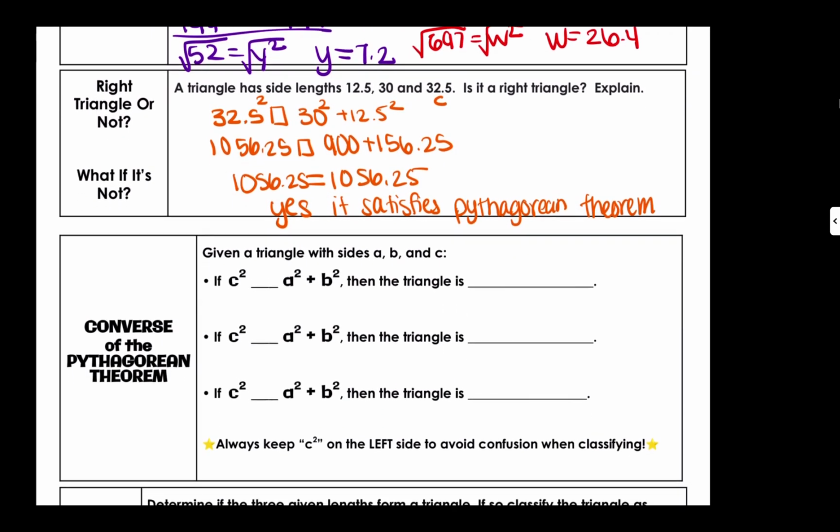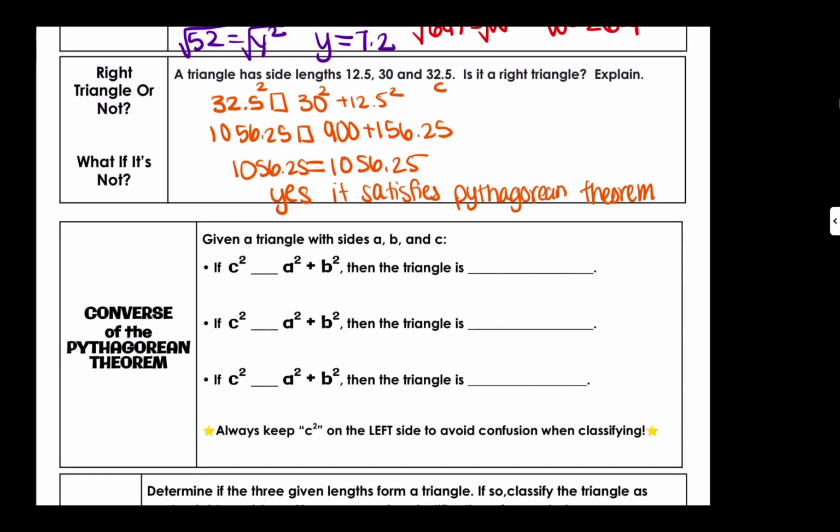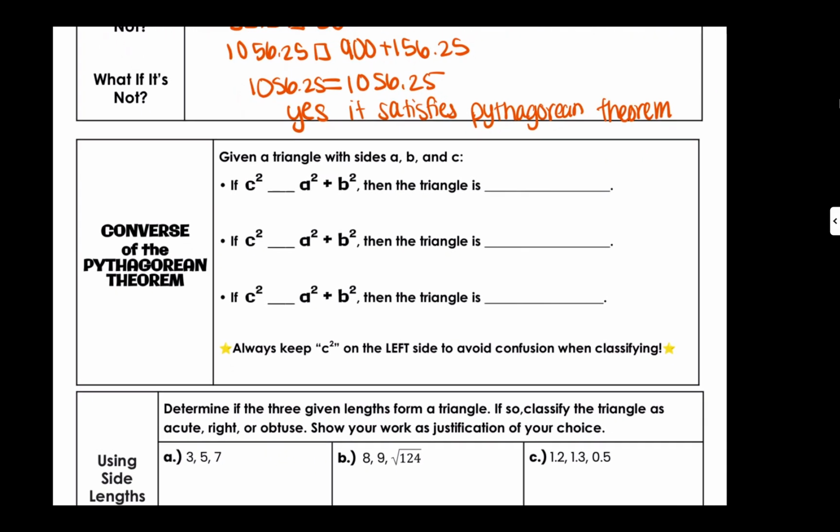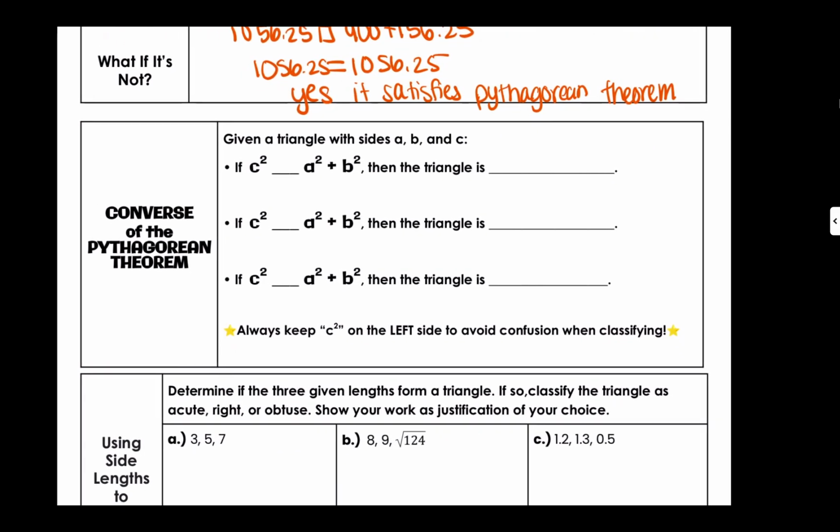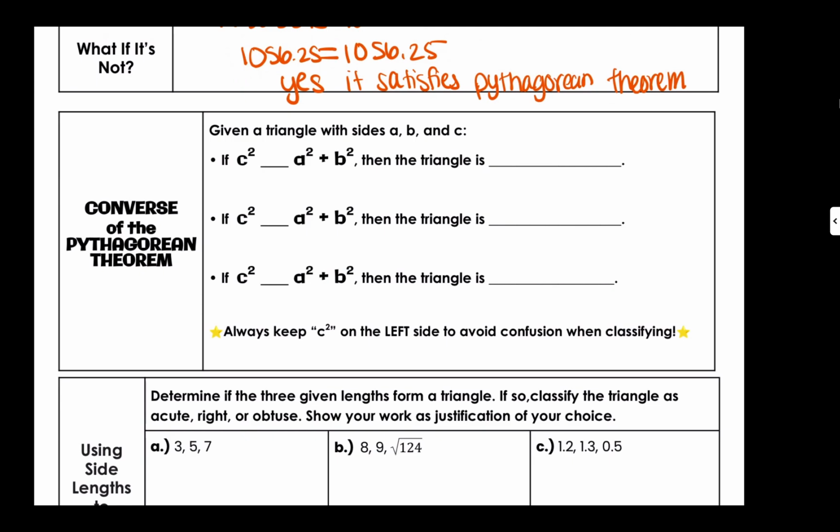So that leads us to the converse of the Pythagorean theorem. So the converse of the Pythagorean theorem is when you're given sides of a triangle A, B, and C, if c squared is equal to a squared plus b squared, then the triangle is a right triangle. If c squared is greater than a squared plus b squared, then the triangle is obtuse.